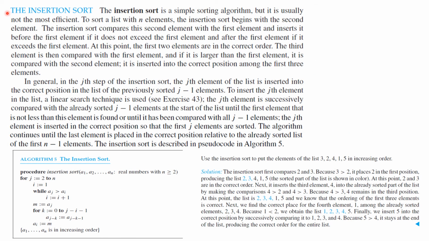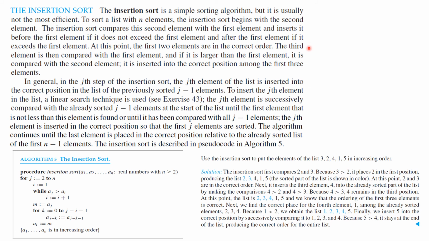Another fundamental type of sort is called the insertion sort. The insertion sort is a simple sorting algorithm, but again, it's not the most efficient. To sort a list of n elements, the insertion sort begins with the second element, and it compares the second element with the first element, and it inserts it, that is, the second element, before the first element if it does not exceed the first element, and after the first element if it exceeds the first element.